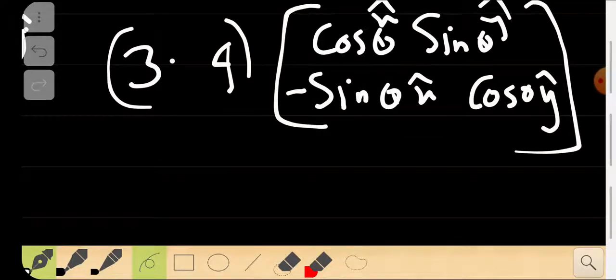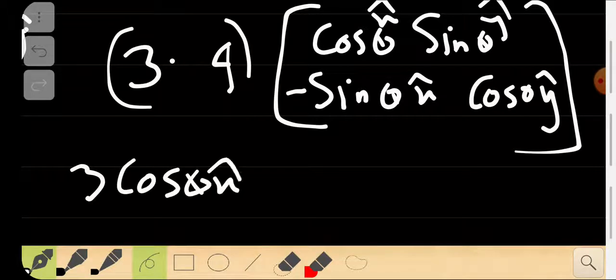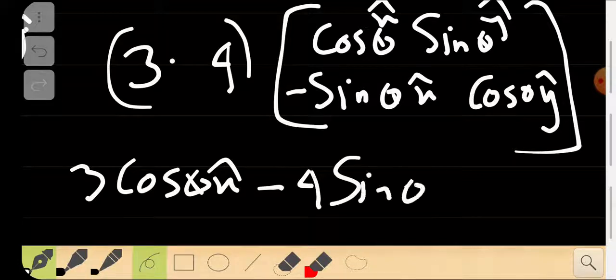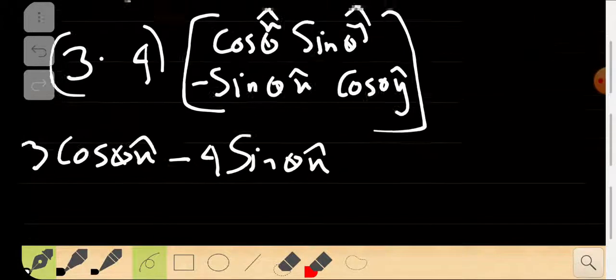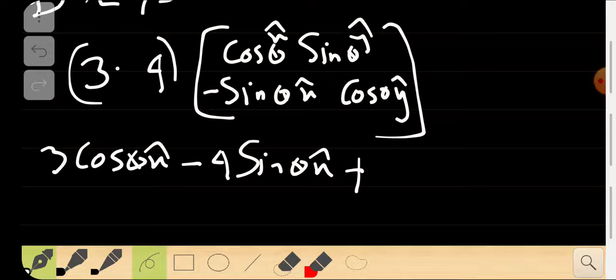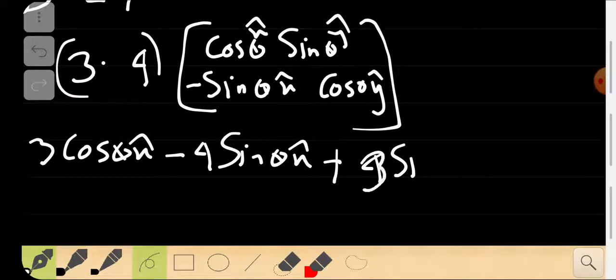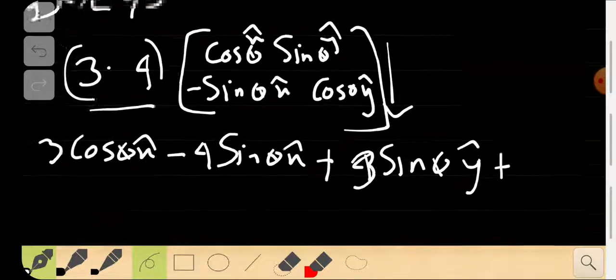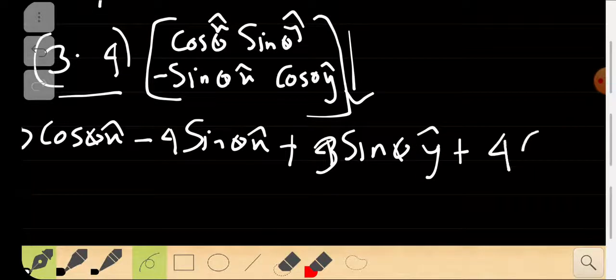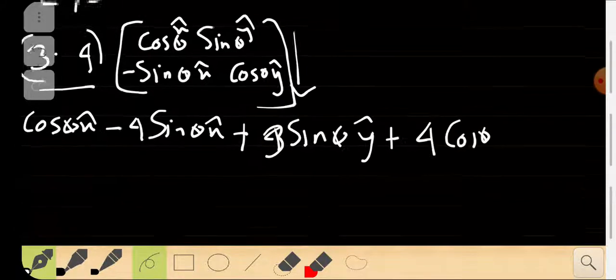You can multiply the row and column. You get 3 cos theta times x cap minus 4 sin theta x cap, plus, sorry, 3 sin theta, the next row and next column, y cap plus 4 cos theta y cap.